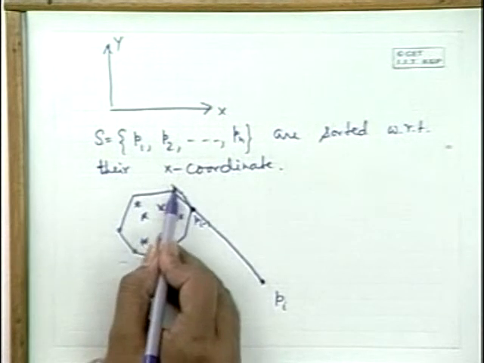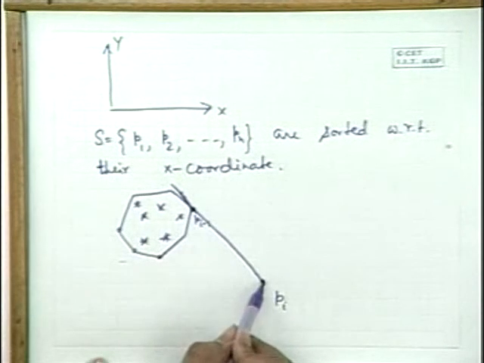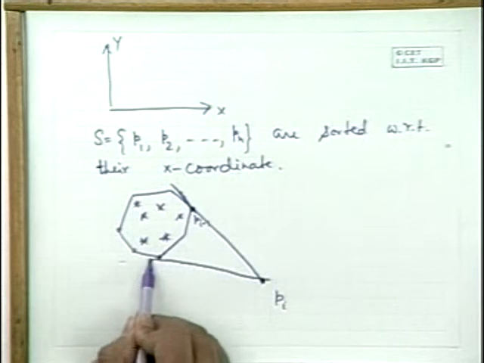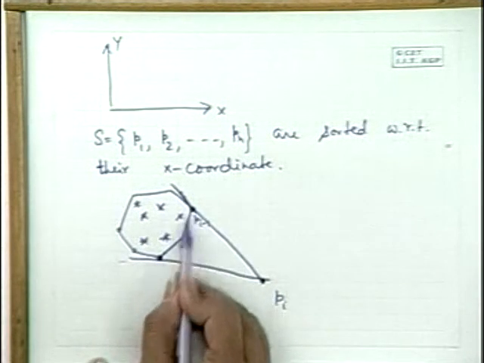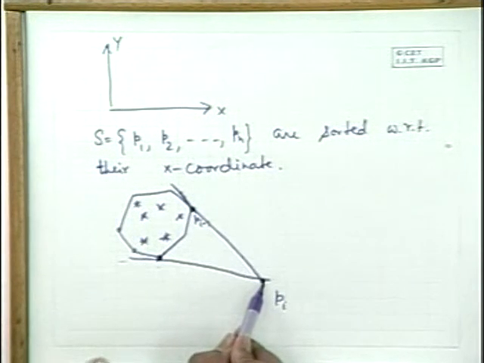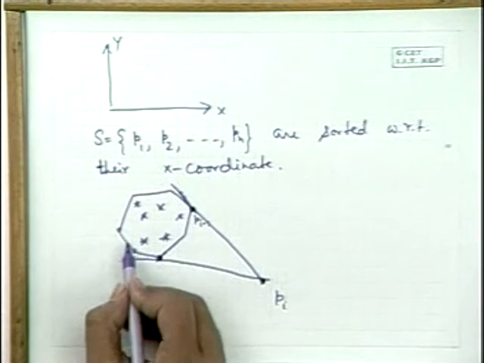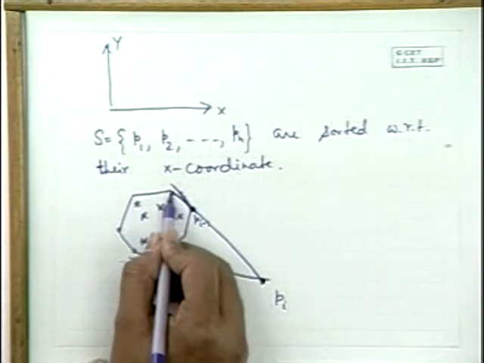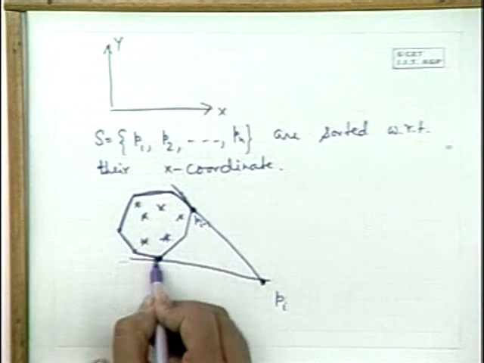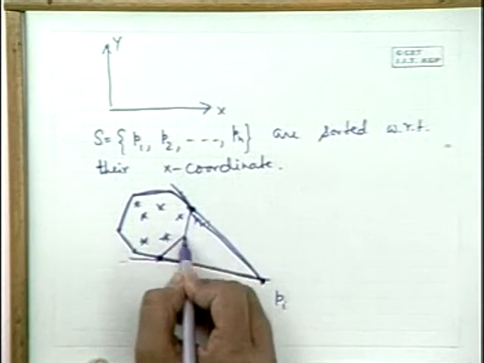This is the tangent from Pi, and on the lower side this is the tangent. So you have to determine these 2 points where from Pi the tangent to the convex hull is going to hit. So once you have done this, then your new convex hull will be nothing but this, then this, and you have to delete this part.